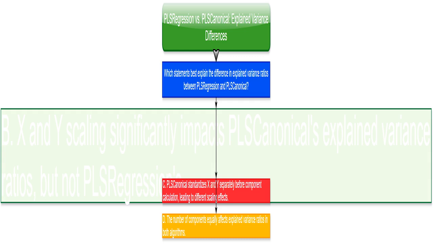Think of it like this: if you measure height in centimeters versus meters, the correlation might change quite a bit. PLS regression, on the other hand, uses covariance, which is less affected by scaling. It's like comparing apples and oranges. One is more scale-dependent than the other.